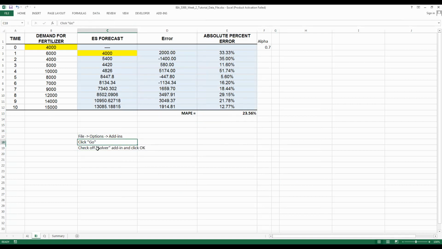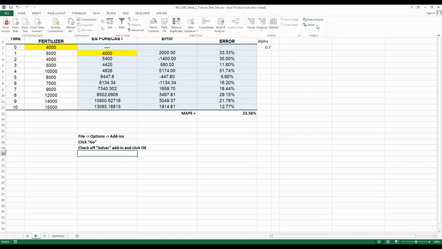Once you've done that, you should have solver up here in the data section. It may be slightly different on a Mac. I don't have a Mac. If you're using some Apple product, then it may be a little different. You can look up how to get it, but it should still be available.